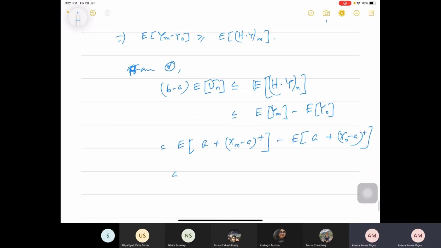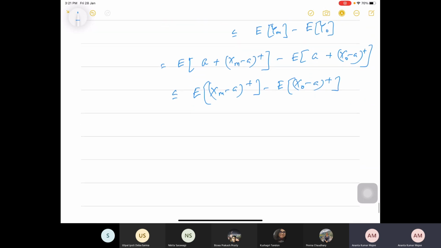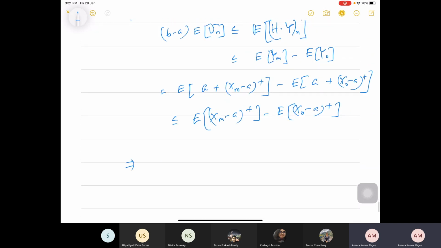So this is less than or equal to the expectation of (X_m minus a)^+ minus the expectation of (X_0 minus a)^+. So at the end, (b minus a) times the expectation of U_n is less than or equal to the expectation of (X_m minus a)^+ minus the expectation of (X_0 minus a)^+. This is the upcrossing inequality.